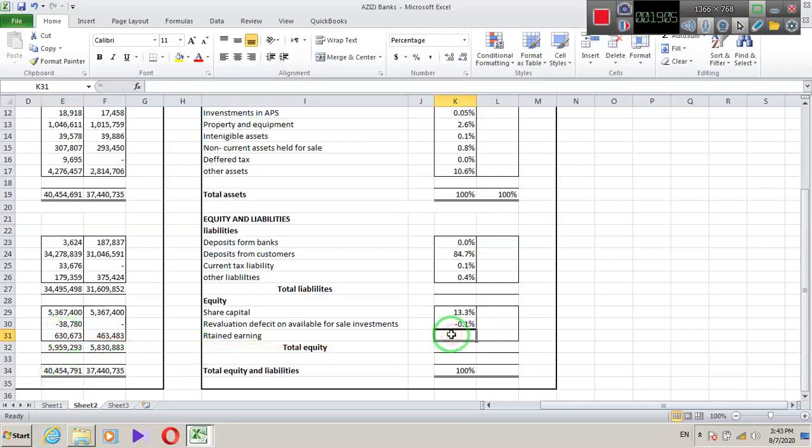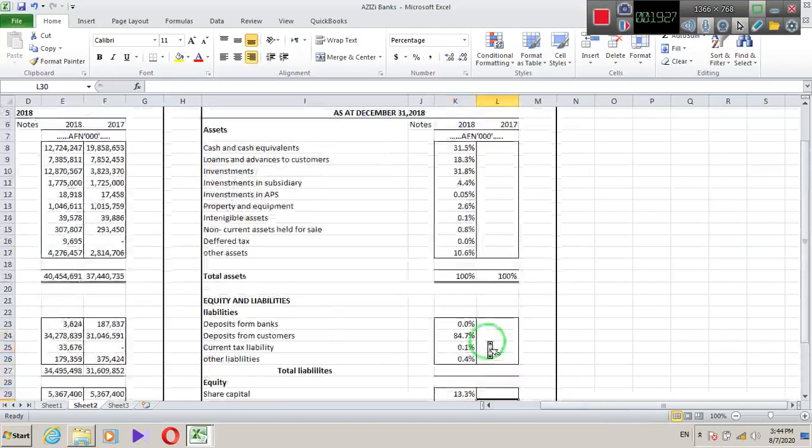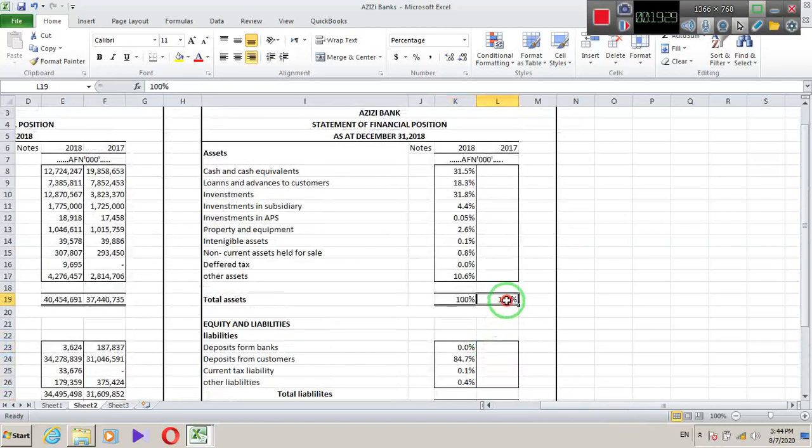Now retained earning, how much percentage? 1.6%. If we sum all of these here, 100.0% is the total. So the 2017 you should perform as well.